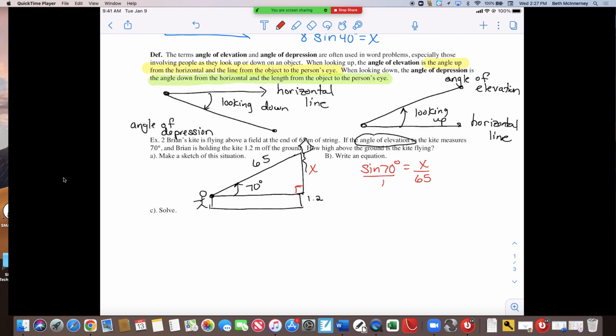Well, it's a good thing we reviewed example 1, because now this is a very similar setup. So use your calculators and solve this. And again, x is not the answer to the question, but it's going to help us get to the answer.